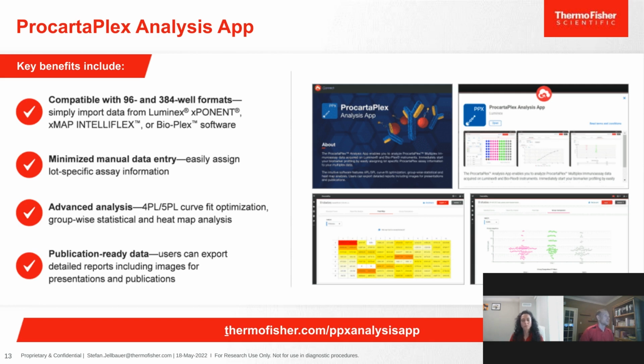You can immediately start your biomarker profiling by easily assigning lot-specific ProcartaPlex assay in this data analysis tool to your multiplex data. This intuitive cloud-based analysis tool allows you to analyze both 96 and 384-well data. You should take a look at the analysis tool here. The link is mentioned on the bottom of this page, and you can easily get publication-ready data out of this tool for any of your internal or external presentations.